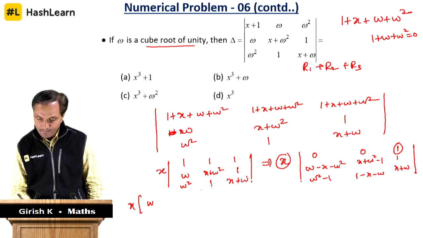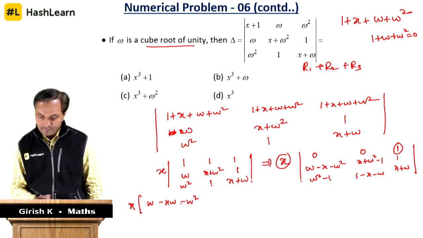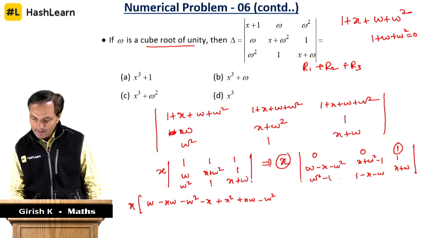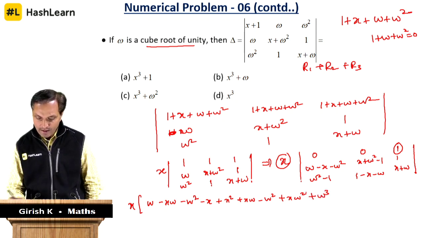You have omega minus x omega, that will give you minus omega square. Then you will have minus x plus x square plus x omega. Then you have minus omega square plus x omega square. Then it will give you plus omega cube. Okay, this is one part.